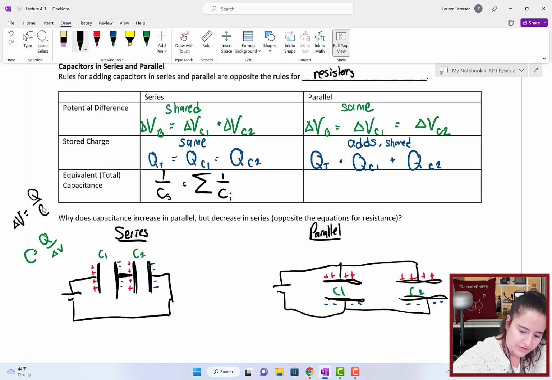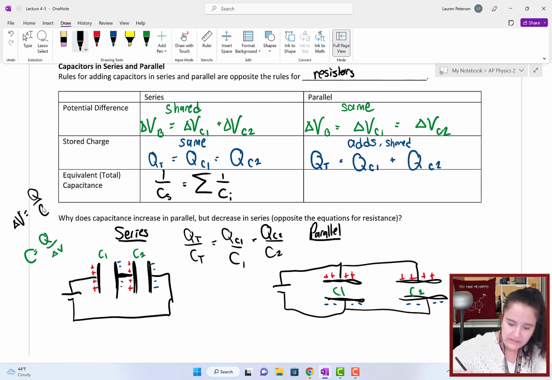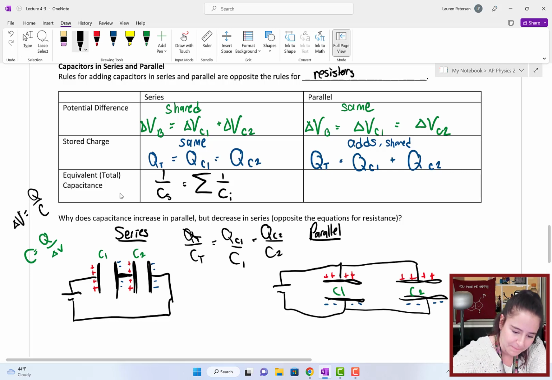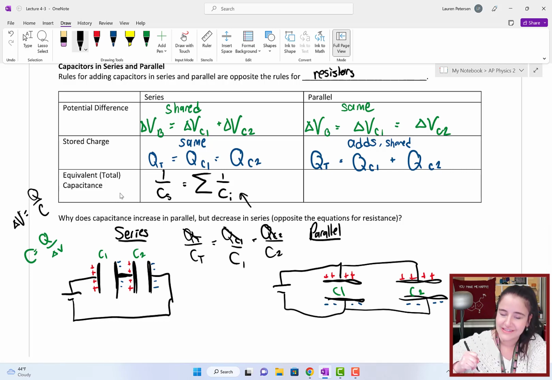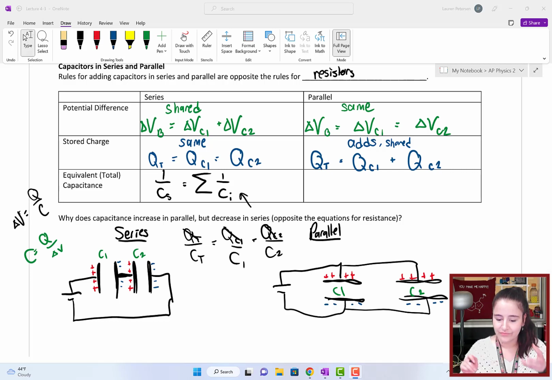If we had the voltage of the battery, it would be Q total over C total equals Q of C1 over C1 plus Q of C2 over C2. All of those Q's are the same, so they cancel out, and you can see where that equation comes from.